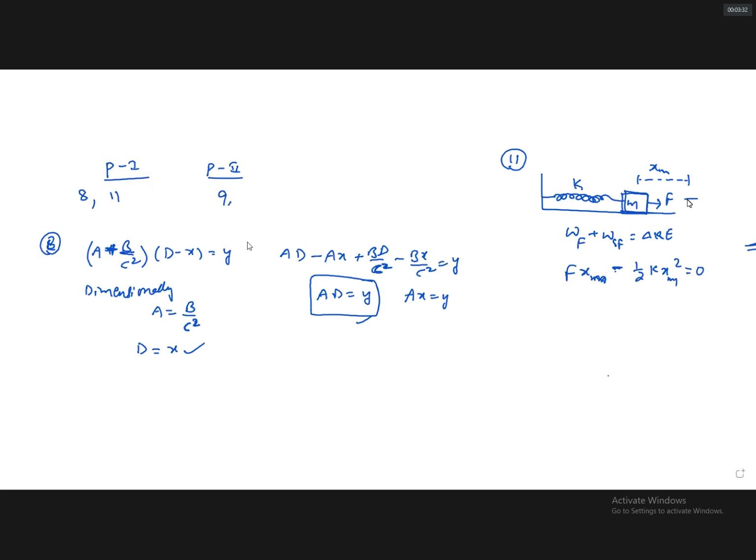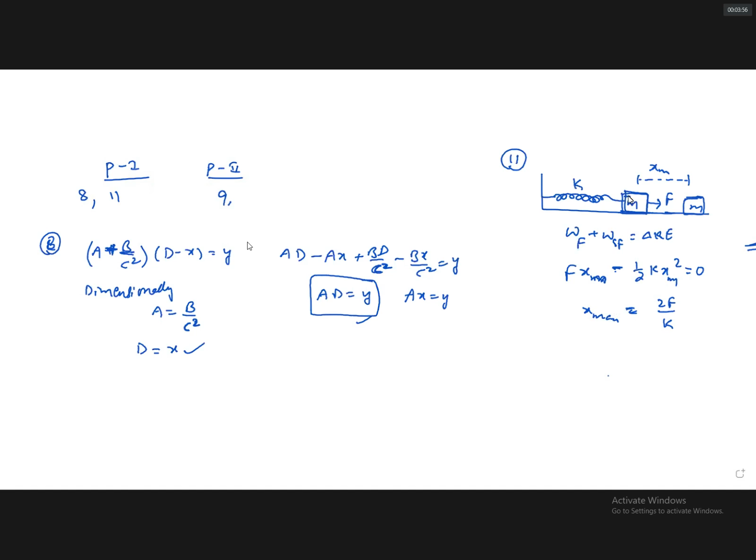Initially at rest, and finally on reaching this position also it is at rest. We can assume it is extreme position or maximum elongation of the spring is xm. So upon simplification x max is equal to 2F by K. So that is the maximum amplitude of oscillation. Amplitude of oscillation we get 2F by K.